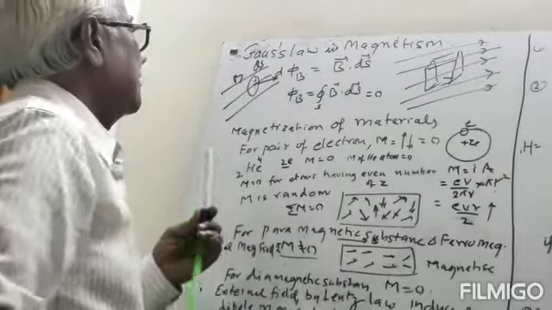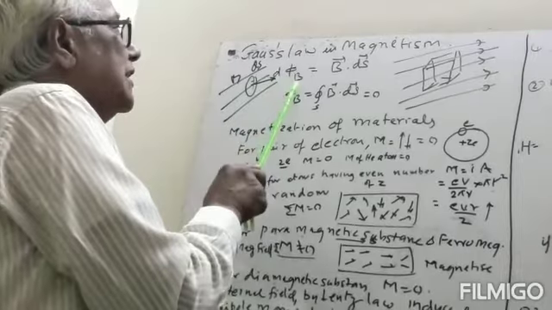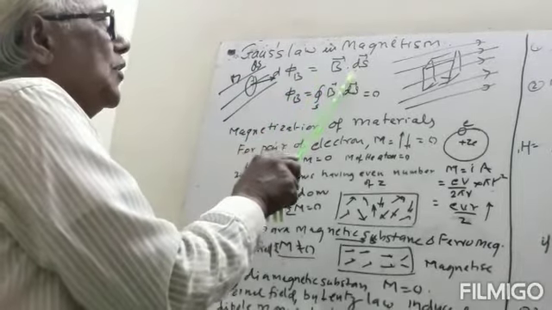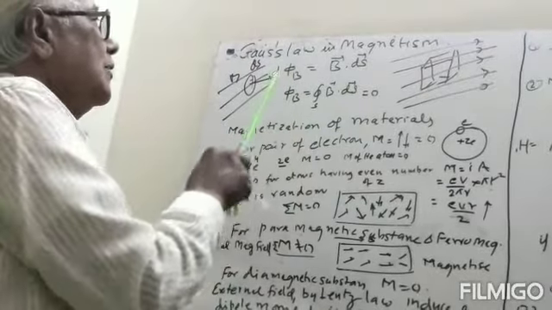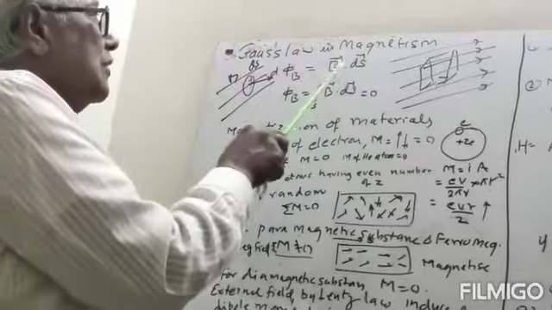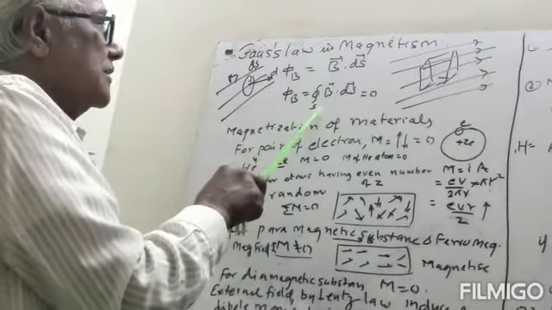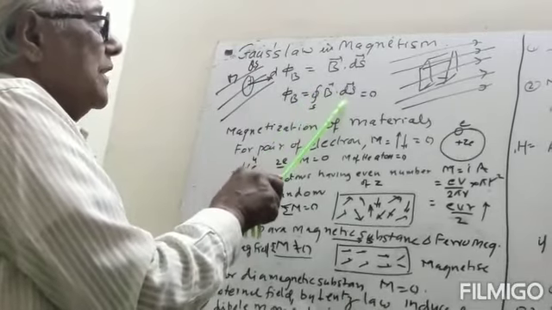Then the magnetic flux passing through it is d phi equal to B dot ds. So if you want to find the total magnetic flux, then phi B will be equal to the surface integral over the surface, B dot ds.